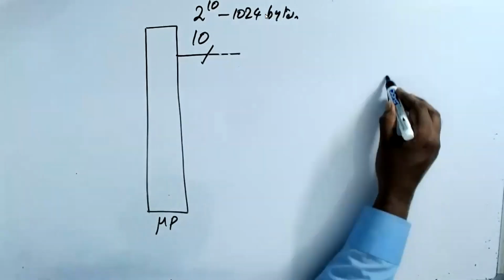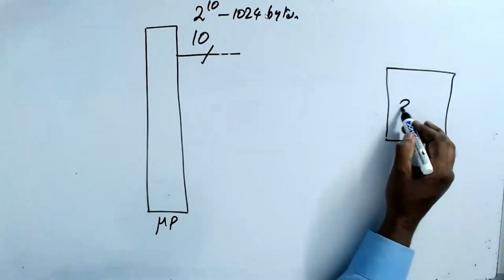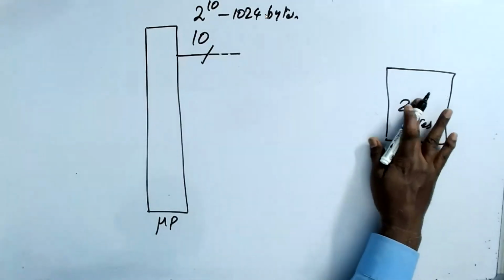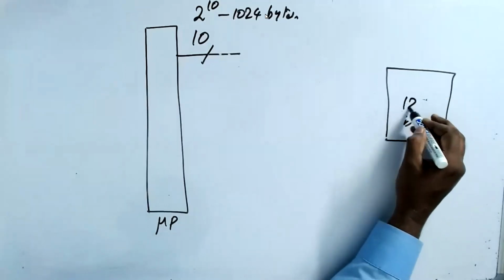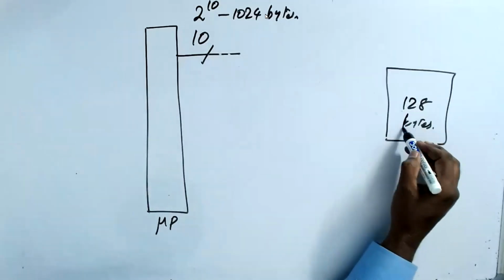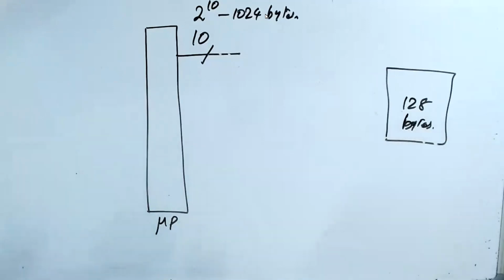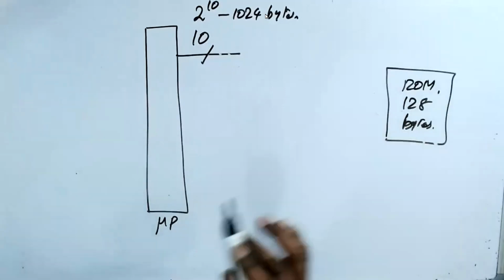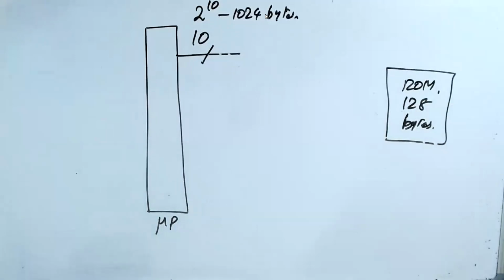I have a memory of 128 bytes, and I say that this is ROM. I gave a clue. Now I want you to connect this. How do you connect?